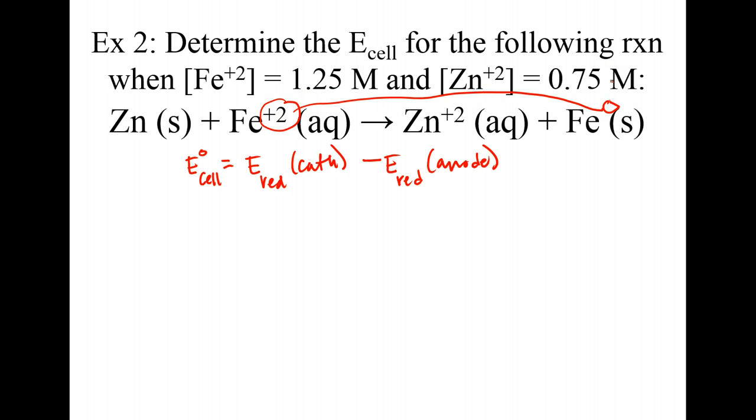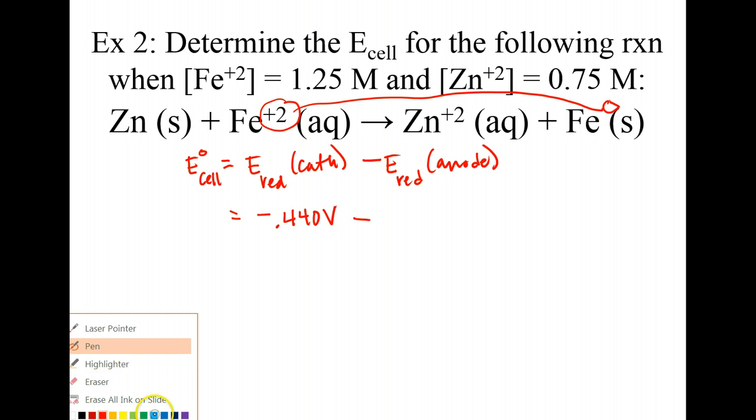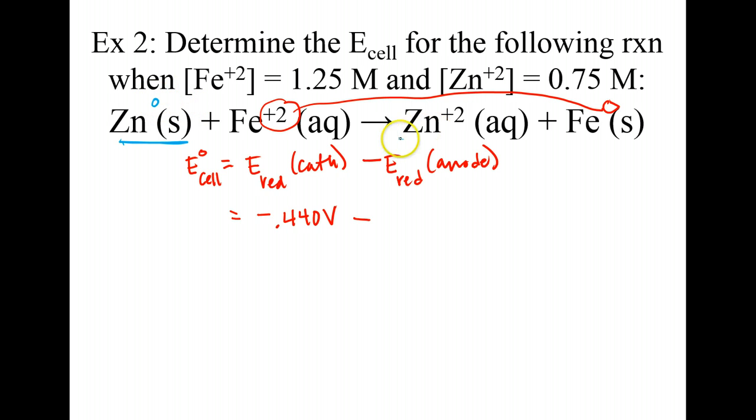It's the half reaction for the cathode, and if you consult your reference Appendix E, the value for that should be negative 0.440 volts, minus the reduction potential for, in this case, the zinc. The zinc is being oxidized from zinc with 0 oxidation state to zinc with a +2 oxidation state.